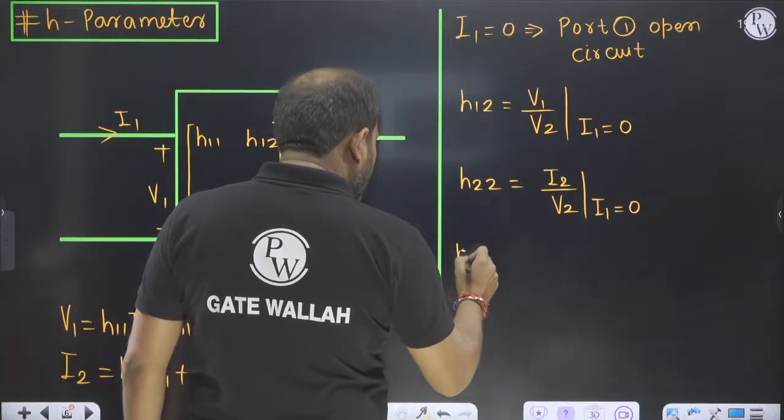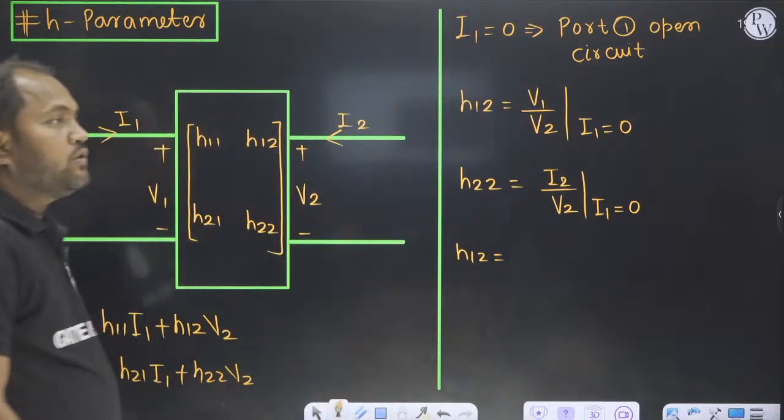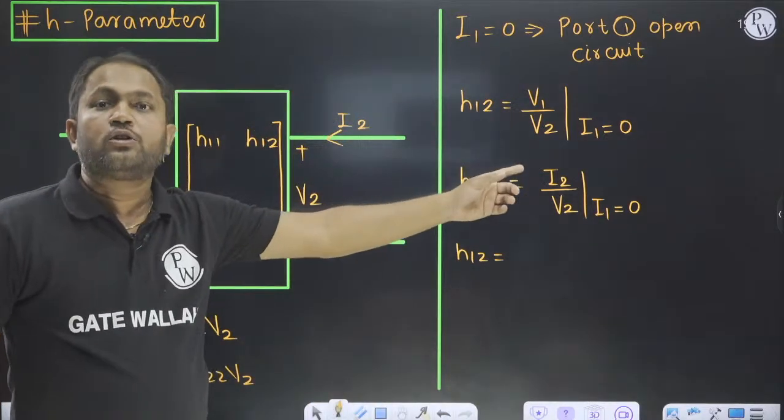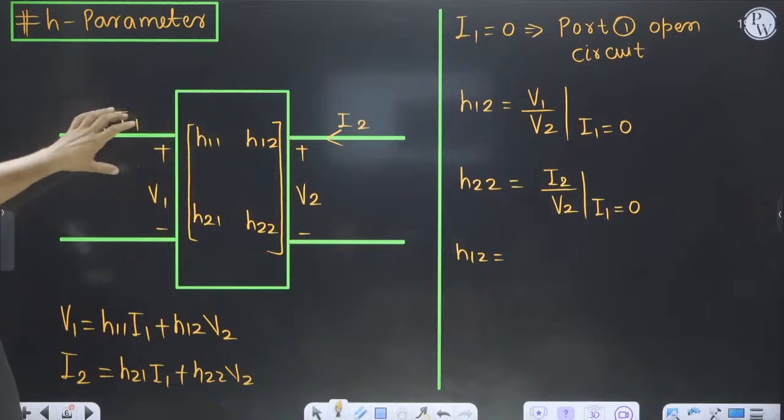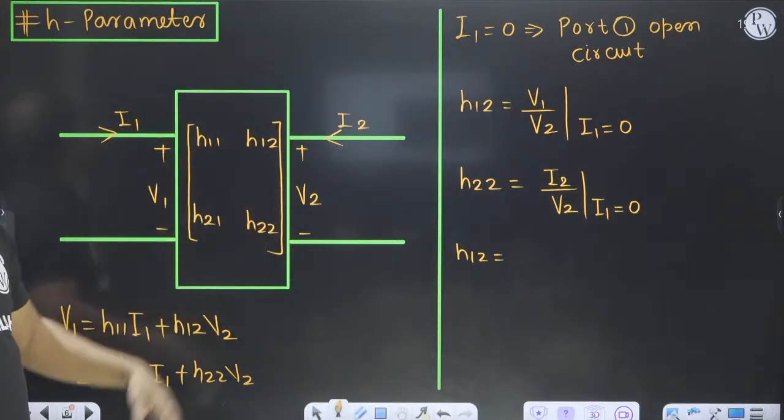So H12 is a voltage ratio, and 1 is output, 2 is input, so it is reverse.